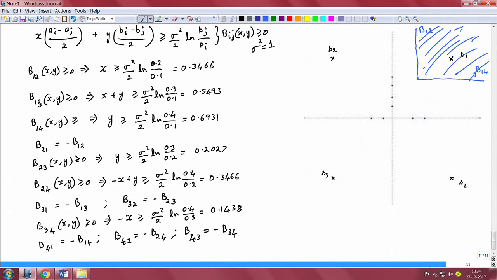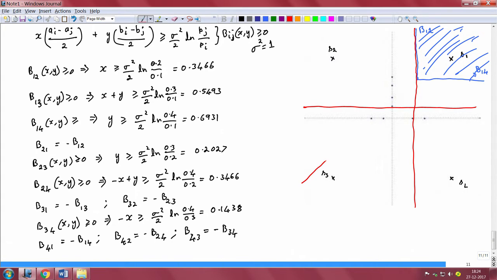Now, similarly we can continue this for S2. Between 1 and 2 we have this boundary that is already present, and between 2 and 3 we have y greater than 0.2027. It is going to look like this, and between 2 and 4 it is minus x plus y is 0.3466.